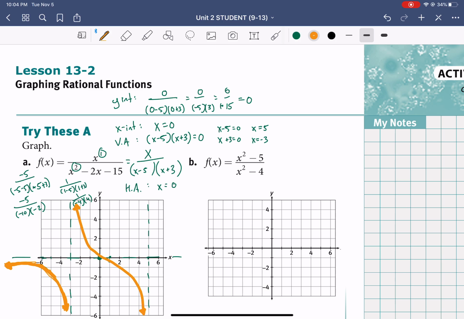All right, and then lastly, we have to pick something over here. 6 is the only one I can kind of see, so let's try 6 out. So we have 6 over, and then we do 6 minus 5, 6 plus 3, so we get 6, 1, 9.